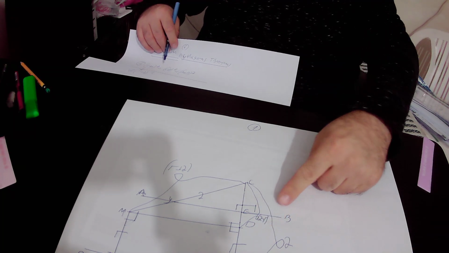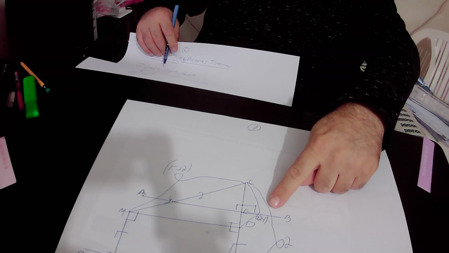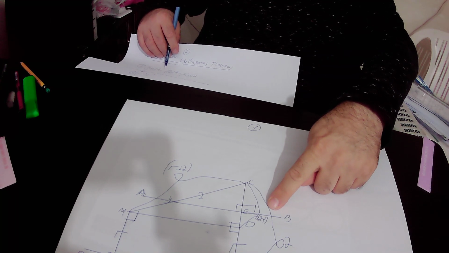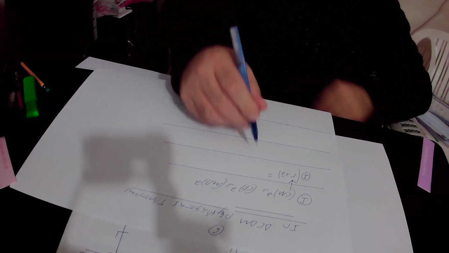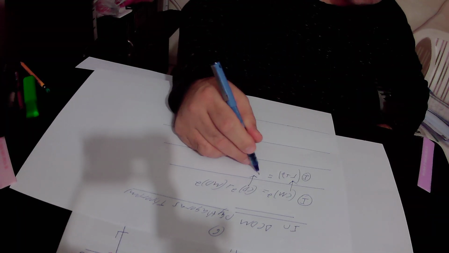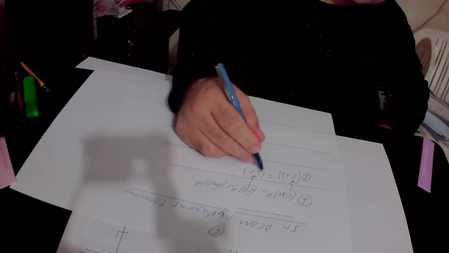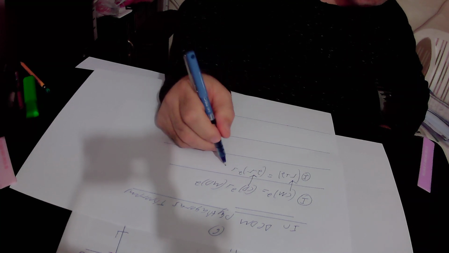Here CD is 2 minus R, so CD squared will be equal to (2 minus R) squared plus MD squared.